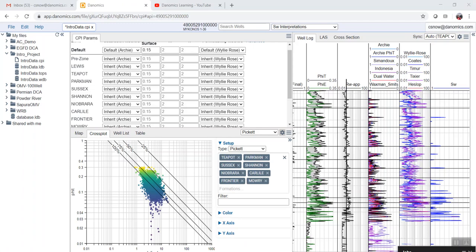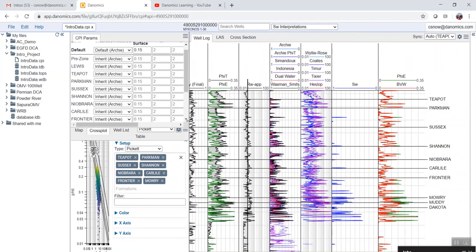So now I'm going to jump over to our software here, and we'll take a quick look at what we're working with. We're looking back at the same intro project, and now we are going to be setting the water saturation profile in this well.